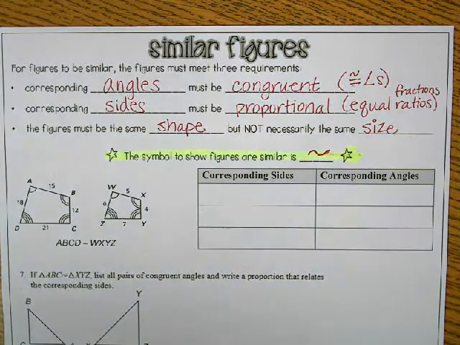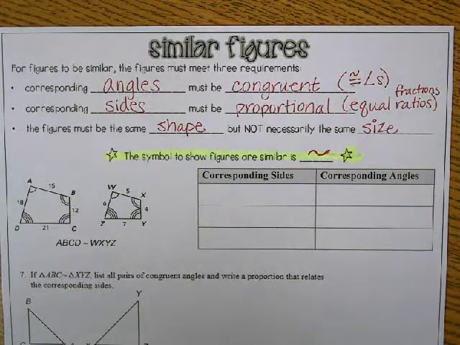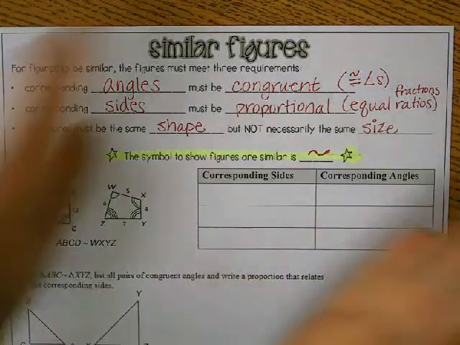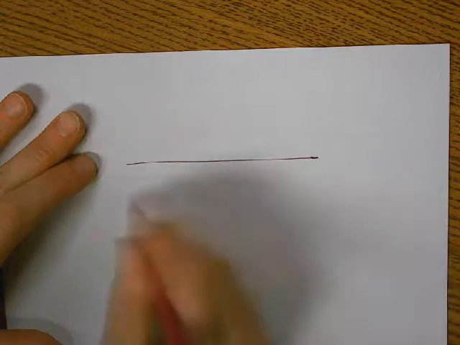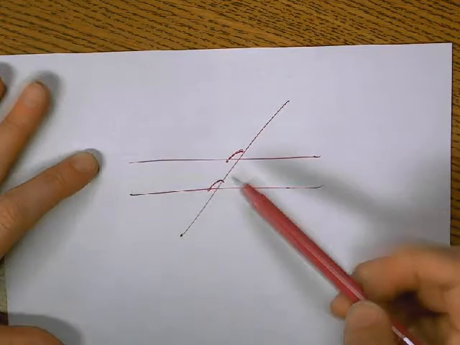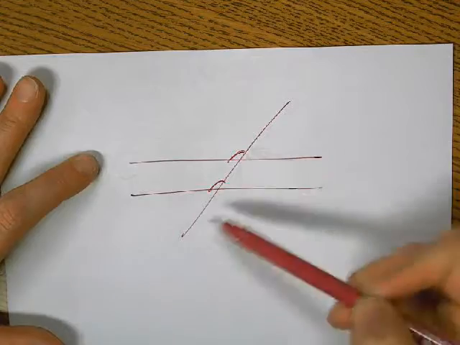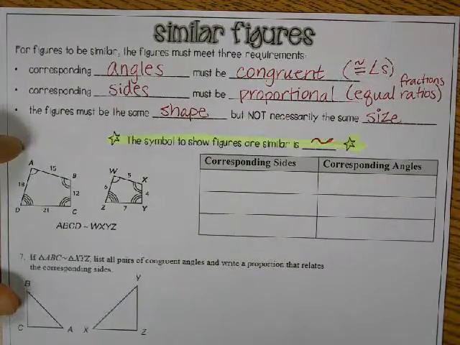Okay? Alright, so let's talk about what corresponding means. We already talked about corresponding angles when we talked about parallel lines. Remember when we had these lines and we said these were corresponding angles because they're in the same place on the line? Well, it's the same thing when we talk about corresponding sides.